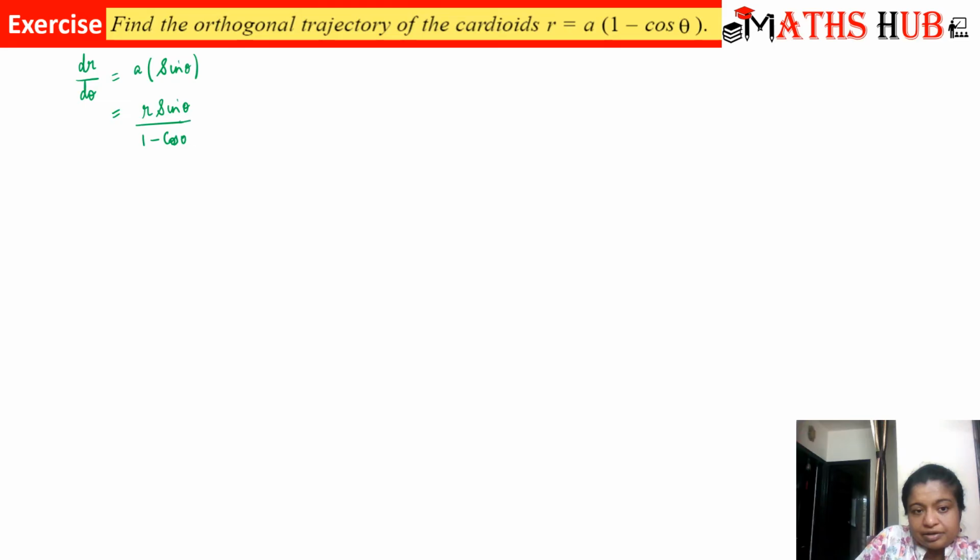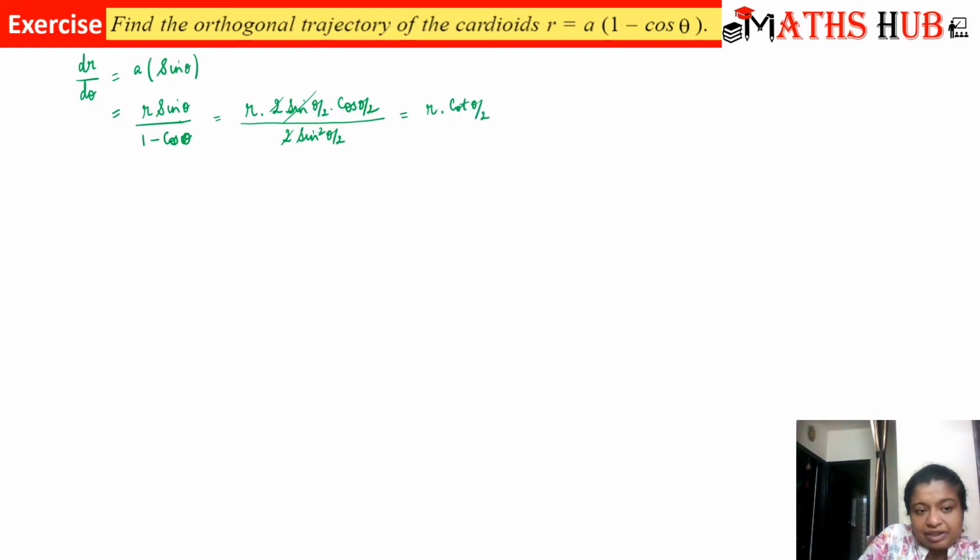Right? So can we further reduce this term? Let's see. We can write 2 sine theta as 2 sine theta by 2 cos theta by 2, and 1 minus cos theta can be reduced as 2 sine square theta by 2, right? So 2 cancels out, 1 sine gets cancelled and we get the term as r cot theta by 2.